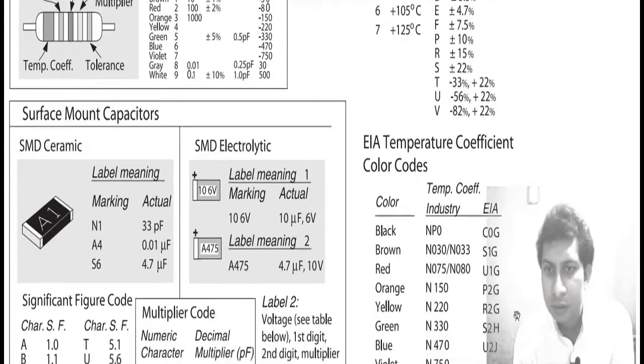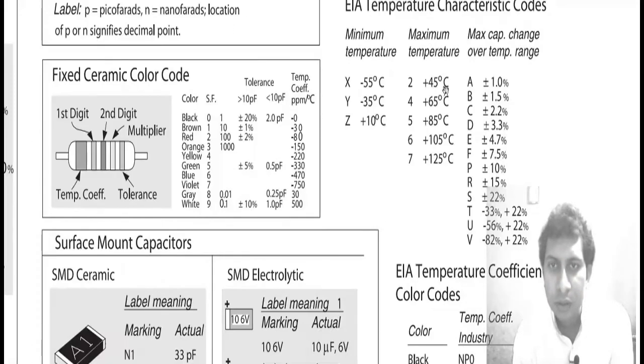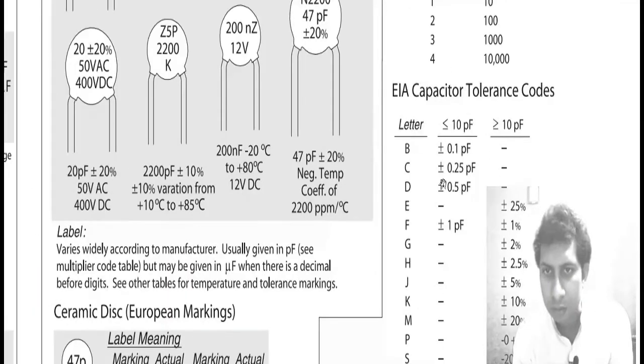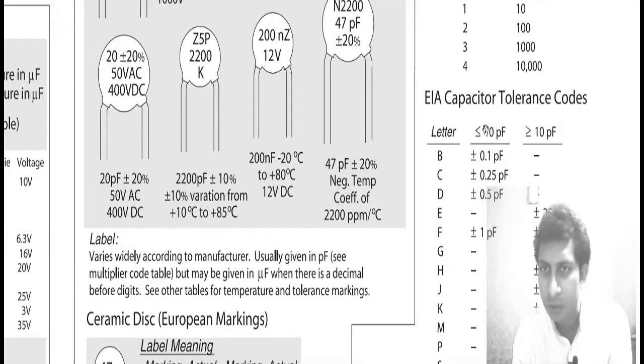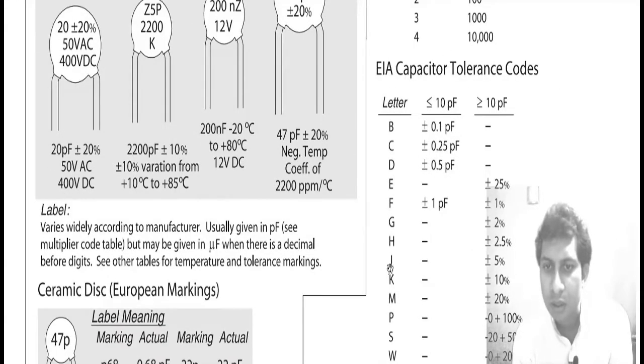And if there are colors, we have to decode from these charts. For that you need not mug up these tables, but you should know what M stands for and what P stands for in capacitor tolerance.